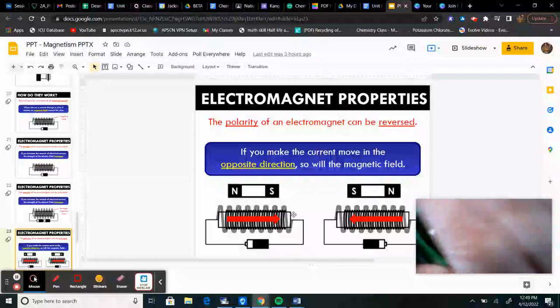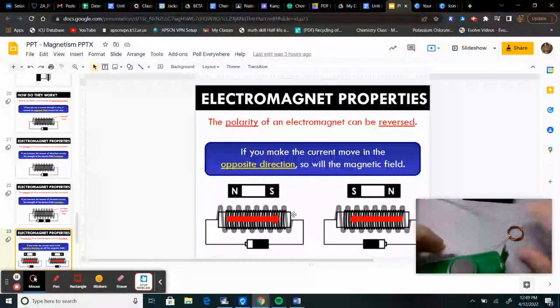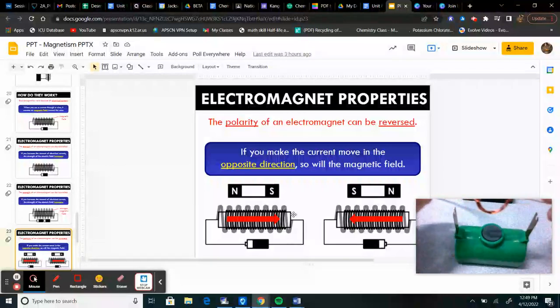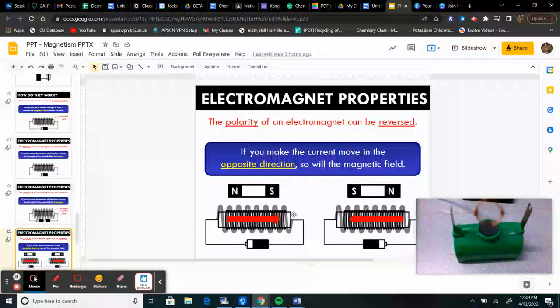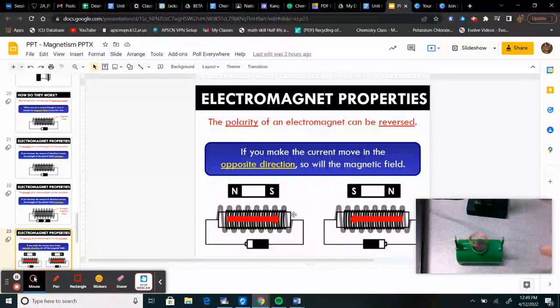We're going to plug it in. And you'll see that the direction of the spin is actually about ready to change. I'm going to kind of pull this up just a little bit. So before it was going this way, it was coming towards me, but now it is being pushed away from me. So that's showing you the direction of the current is actually changing.